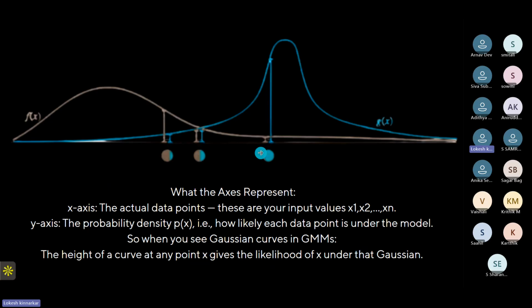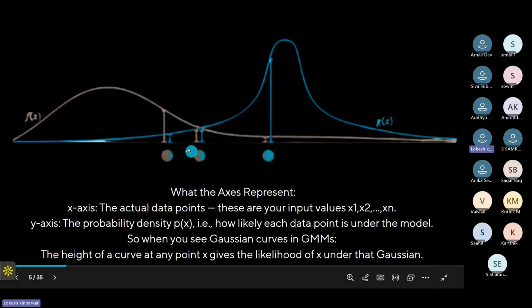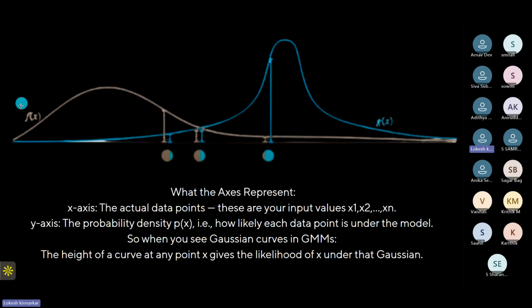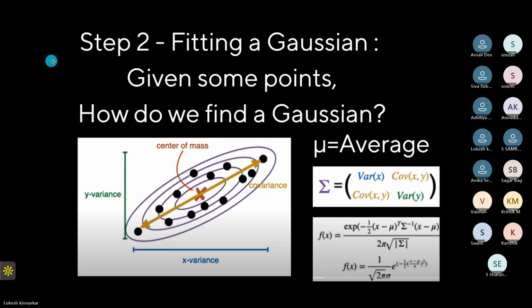The x-axis represents the actual data points, and the height of the curve at any point x gives you the likelihood of x under that Gaussian. If you input x into this function, you get the likelihood that this point belongs to this particular Gaussian. Similarly, you calculate it for the blue Gaussian, and you essentially get the soft assignment for a data point.